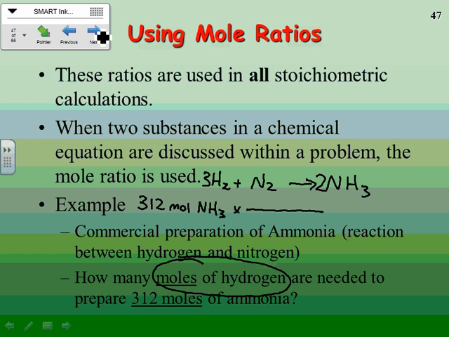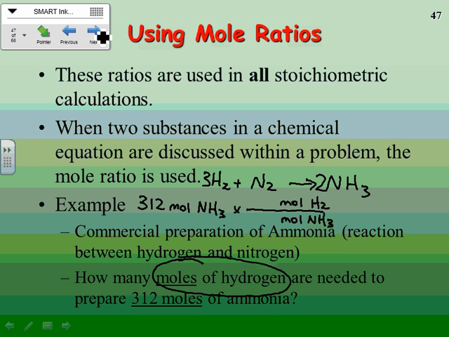So we're doing a dimensional analysis problem here. I'm starting with moles of NH3, so that's what's going to go on the bottom of my conversion factor, moles of NH3. What's going to go on the top of my conversion factor? Moles of hydrogen, right? That's what I'm trying to figure out. Well, if only I had a way to figure out the ratio between the moles of hydrogen and the moles of NH3.